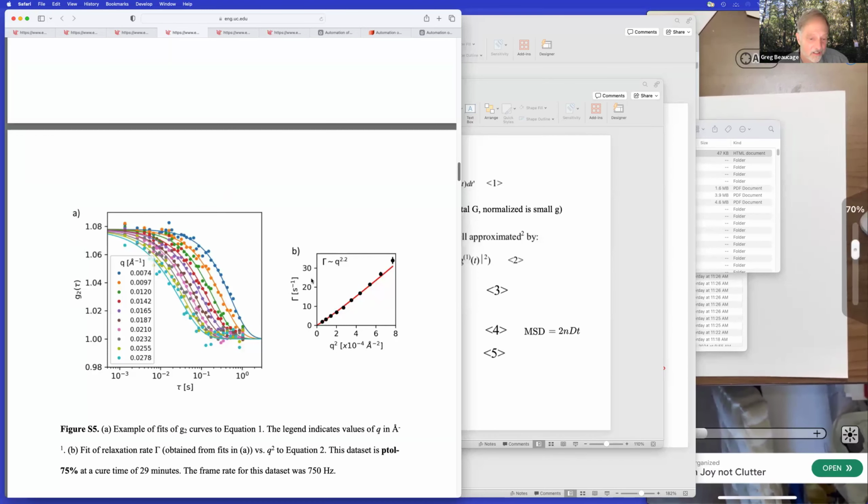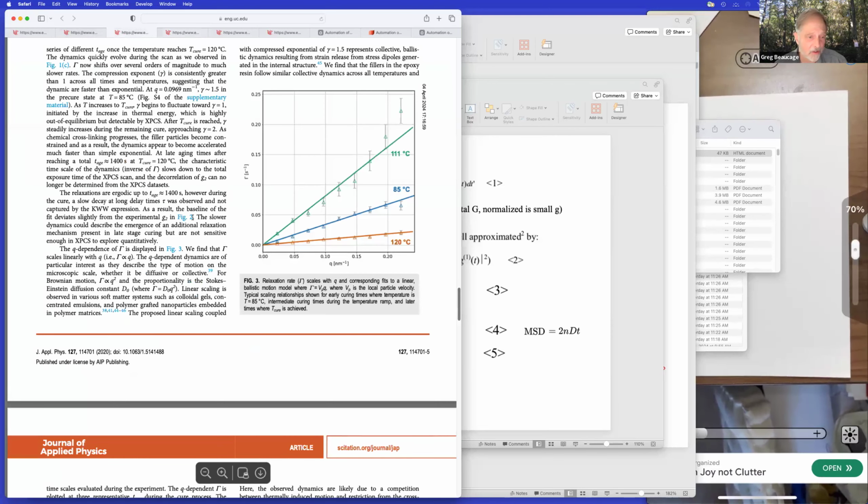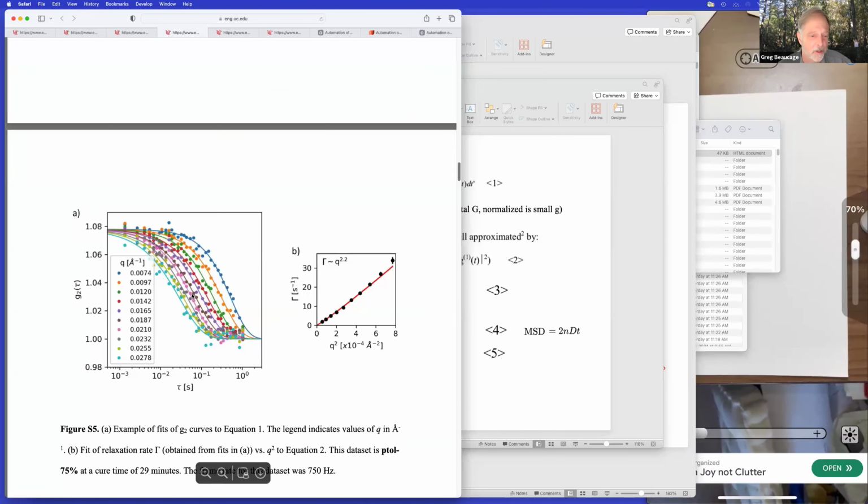And the reason they get that is this in Yavit, he's using micron-sized particles with X-rays. So all he sees is this kind of jostling of the things as it solidifies. And in this case, they're smaller than the network. The particles are smaller than the network, so they're actually diffusing around within the network.